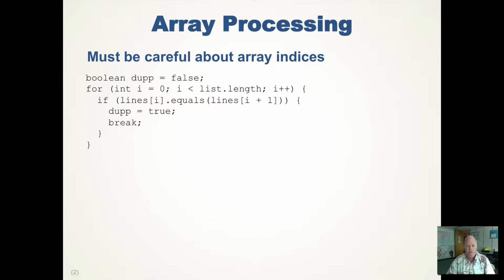The problem here is that we have an error, because if i is 1 less than the length, then i plus 1 is going to be length, and you cannot access the item at length because we're zero-based indexing. To fix the problem, we need to say length minus 1, because we call i plus 1.